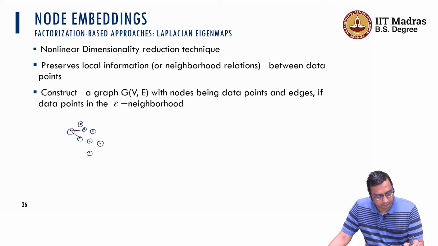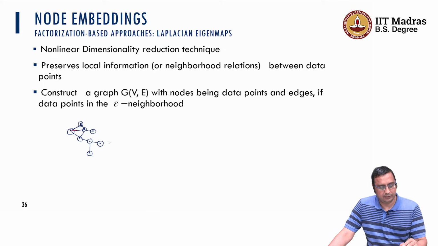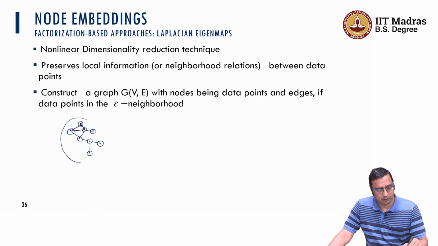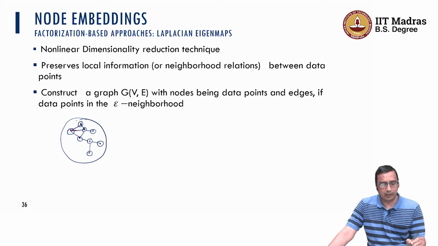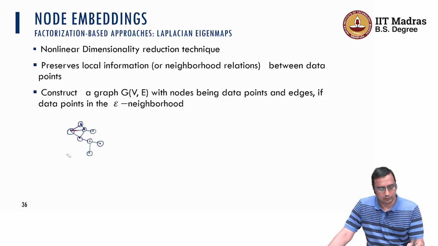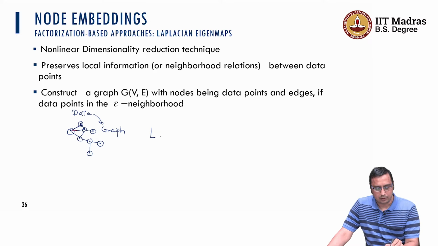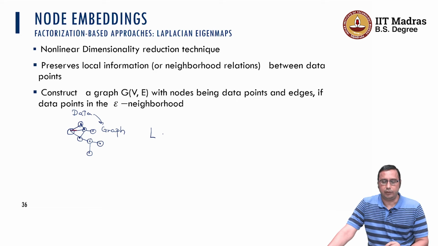This one is there, this one, this one. This way I got my graph, so this is data which I converted into a graph, and then I will define my Laplacian matrix L on that.